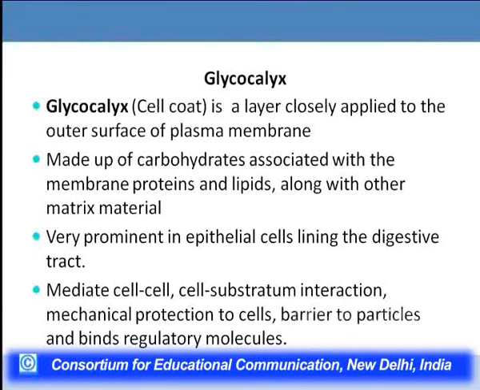The glycocalyx is very important for mediating interaction between different cells in a tissue, and also between the cell and the cell substratum, that is the extracellular matrix. Apart from that, it provides mechanical protection to cells, and it also acts as a hindrance or barrier to particles which are going to enter the cells, and because of the presence of carbohydrate, it can bind certain regulatory molecules.